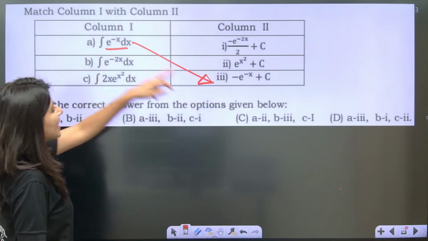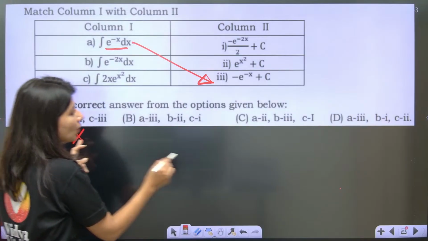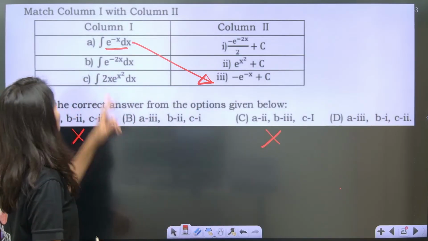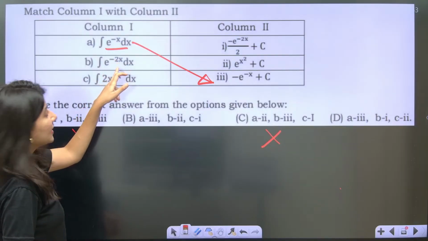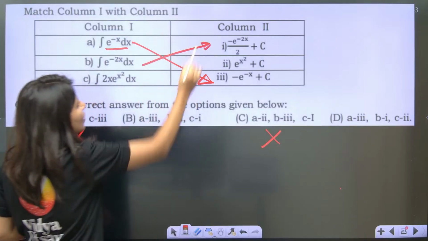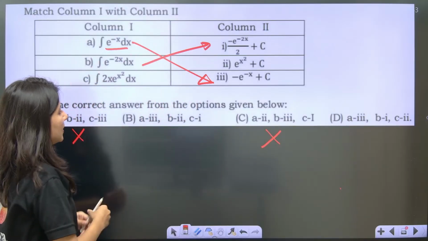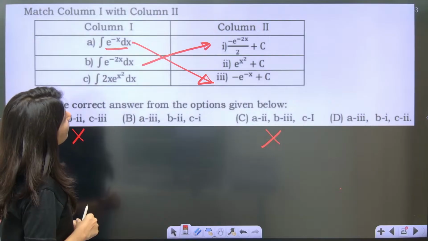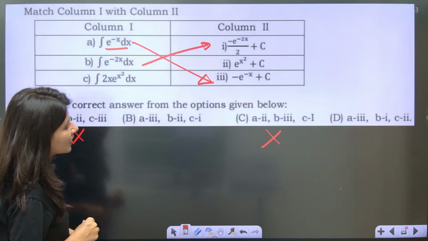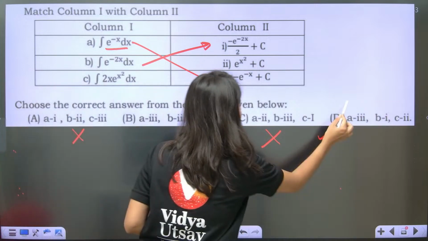So the option with third first is wrong, this is also wrong. Now e power minus 2x integration will be e power minus 2x upon minus 2. So B has first as the correct answer, so option D clearly looks correct.